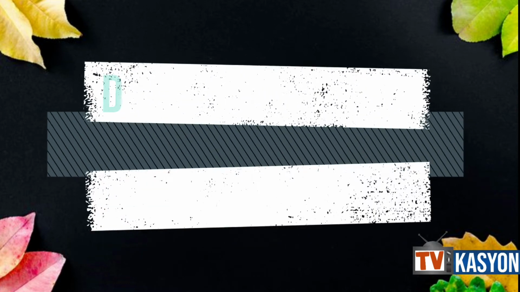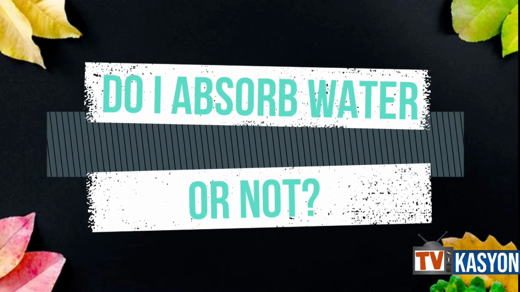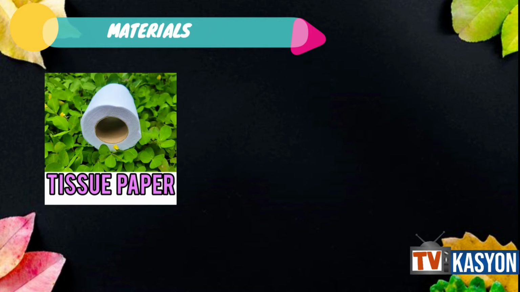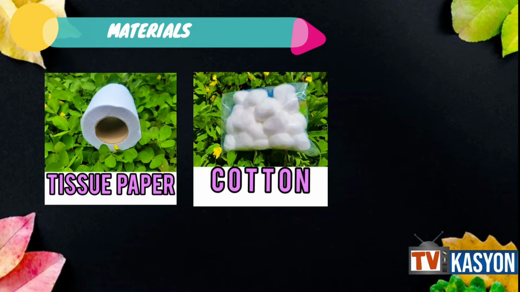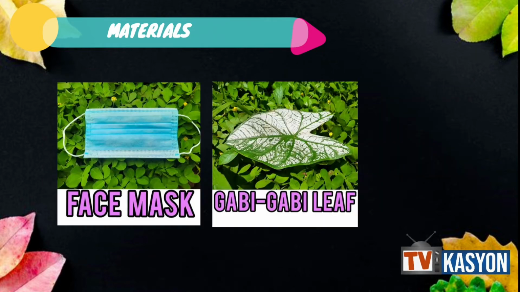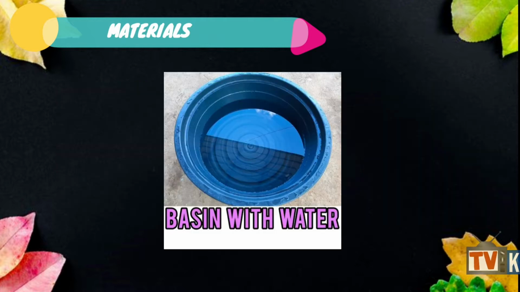At this point of time, I will perform an activity which I call "Do I absorb water or not?" The materials that I am going to use for this activity are the following: tissue paper, cotton, rubber ball, face mask, gabi-gabi leaf, plastic flower pot, and a basin with water.